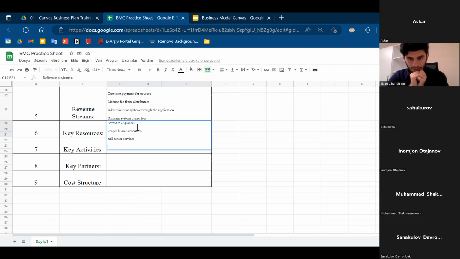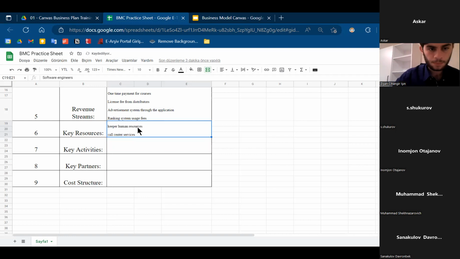These are really good examples for key resources. Is there any other thing that you need for this business to continue working? You have software engineers, you have call center services. If we would talk about this, we have a lot of things in detail. So I think 3 of them is enough just to get an example.